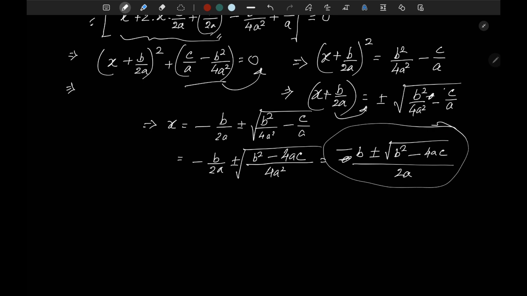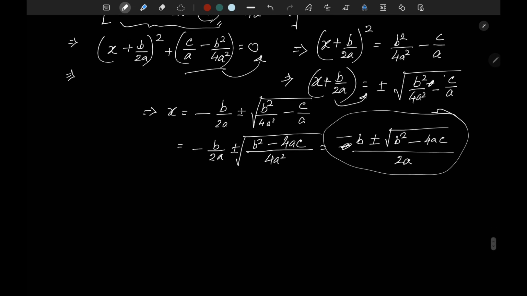This is the general form of the root of a quadratic equation. And this thing, this b square minus 4ac, is known as your discriminant, given by D. D is your b square minus 4ac, and depending on the value of this one, you will have the type of roots in the quadratic equation.